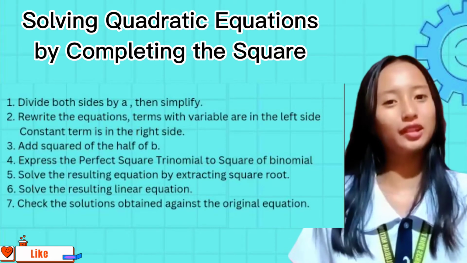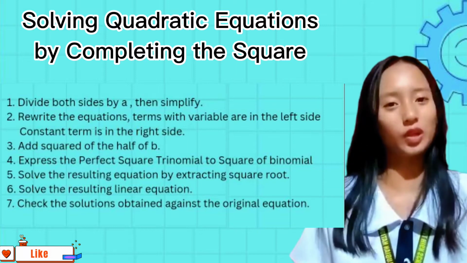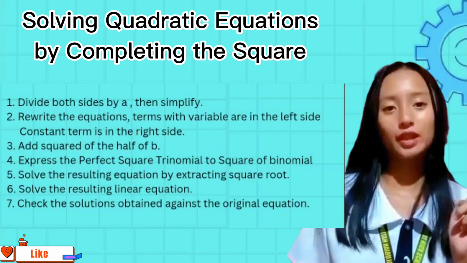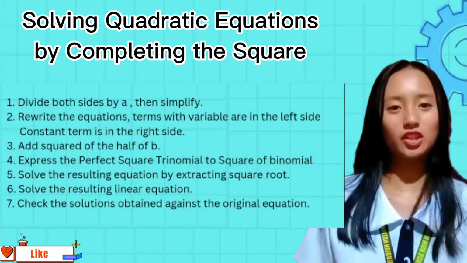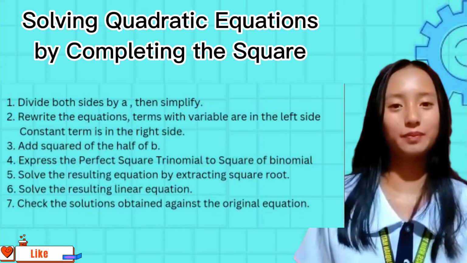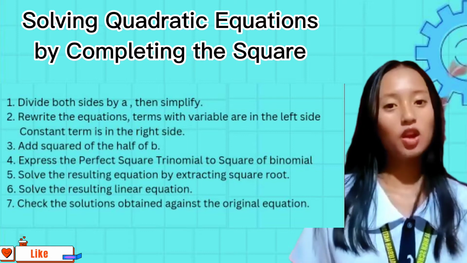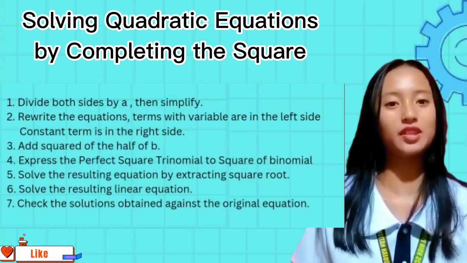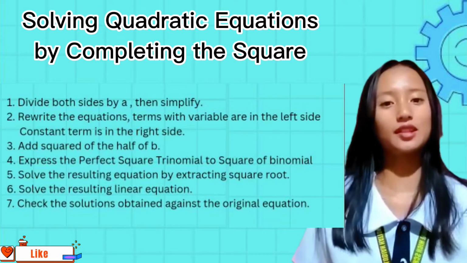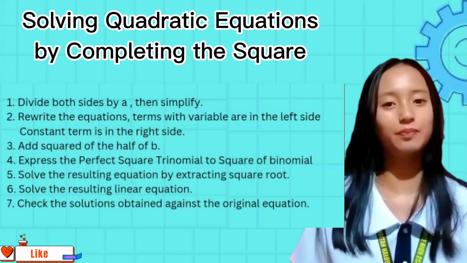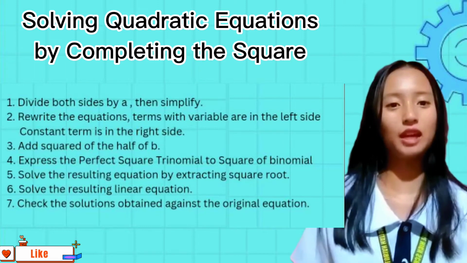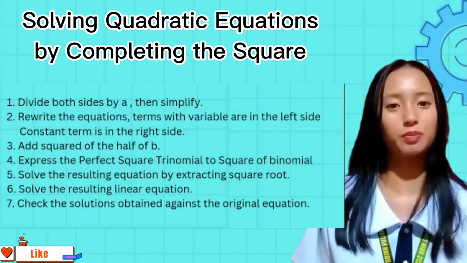In solving quadratic equations by completing the square, you must follow these steps. 1. Divide both sides of the equation by a, then simplify. 2. Write the equation such that the terms with variables are on the left side of the equation and the constant term is on the right side. 3. Add the square of 1/2 of the coefficient of x on both sides.